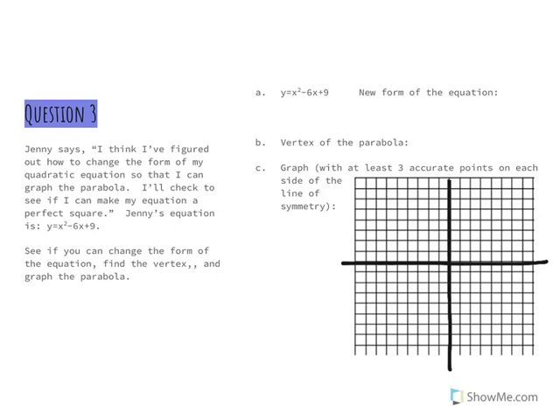So question 3 says that Jenny says, I think I figured out how to change the form of my quadratic equation so that I can graph the parabola. I'll check to see if I can make the equation a perfect square. Jenny's equation is again x squared minus 6x plus 9. So we want to try to change the form of the equation, find the vertex, and graph the parabola.